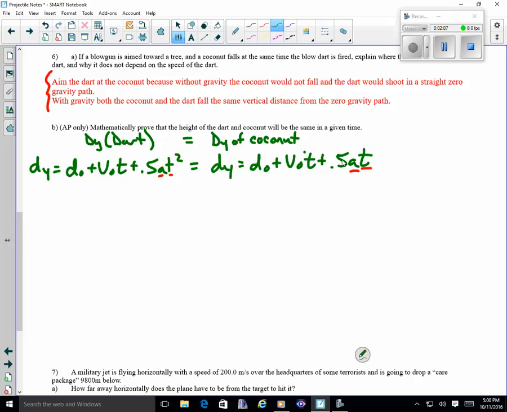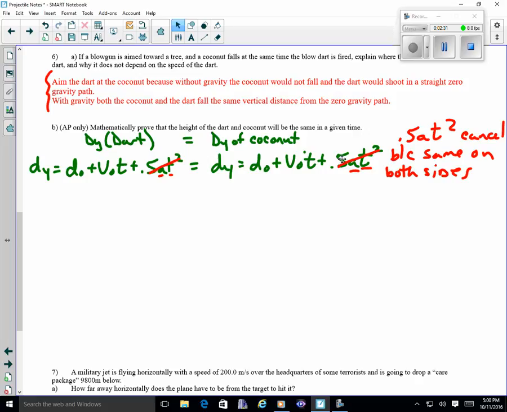And so therefore, these can cancel because the 1/2 at squared terms are the same on both sides. The other thing we can cancel out is the dy, because we're assuming, once again, that they are the same off the ground. Now we have to prove this. The distance of the dart off the ground at the very beginning is going to be 0, so I'm going to put it right here because it's starting on the ground.